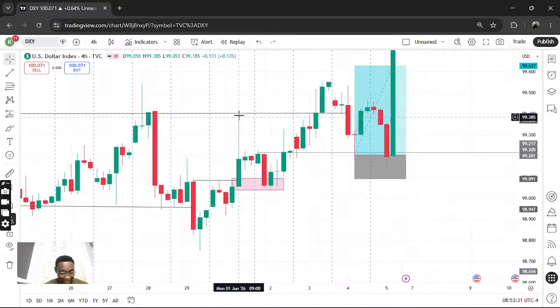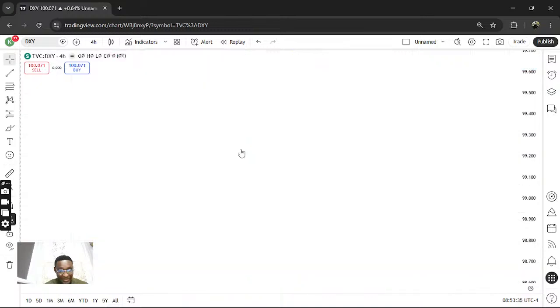The buyers wanted to push the market higher, but the sellers in the market couldn't allow it, and they pushed the market up to this point. So the candle closed in this form with this long wick. So the following day, which is Tuesday, now look at what happened on Tuesday.